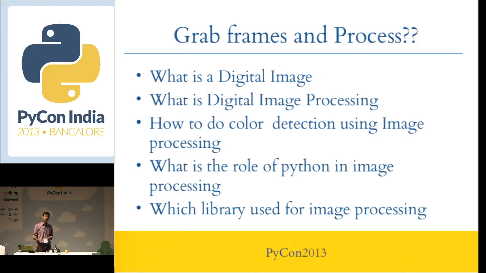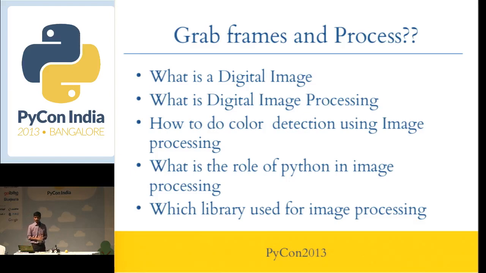So using these bits we can process it using a computer. Digital image processing means we are processing this digital image and finding some features. I am also using a digital image processing technique for finding the color. We can do color processing in various ways. I will explain it in the next slide.